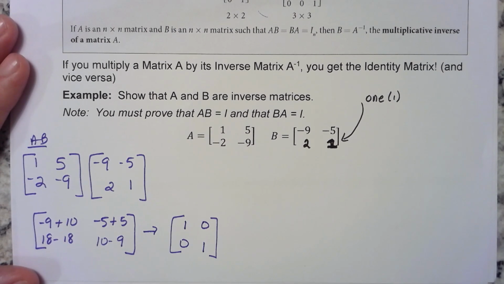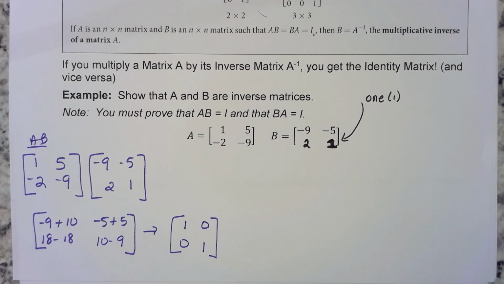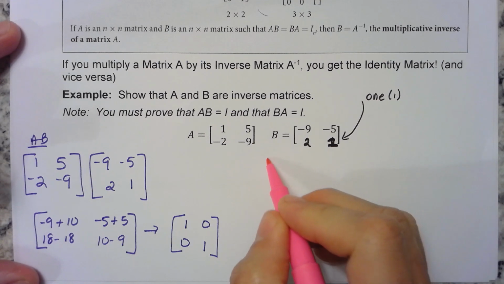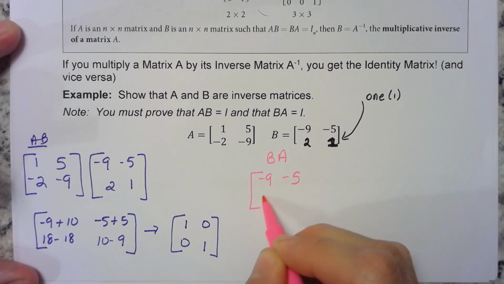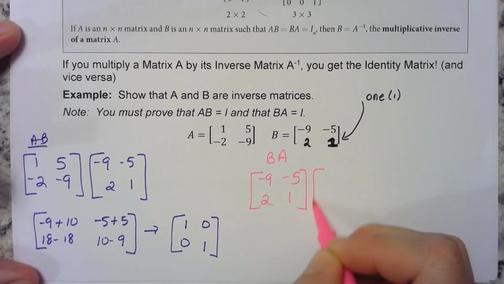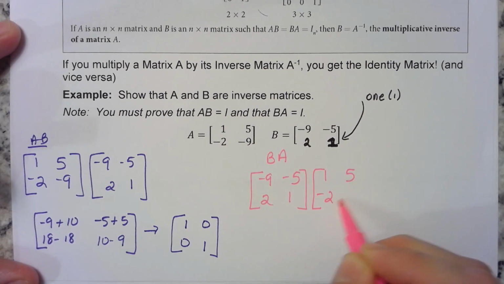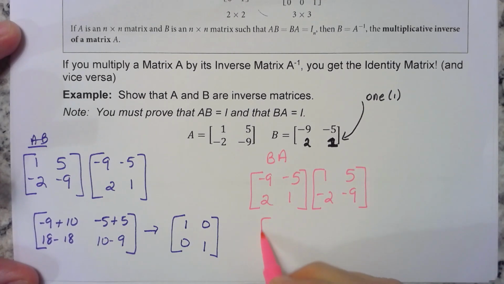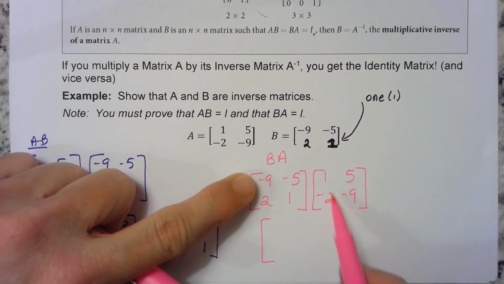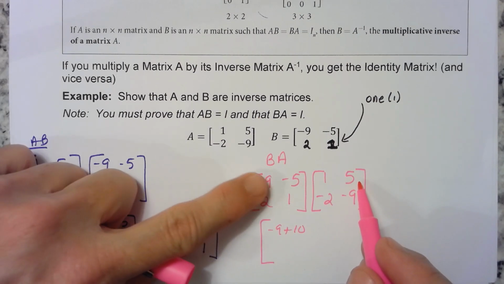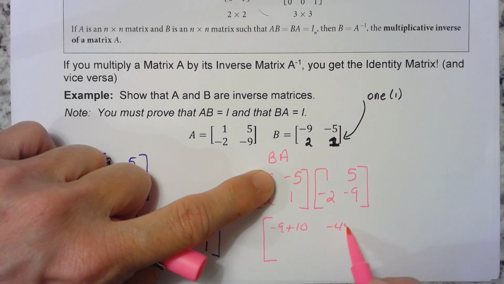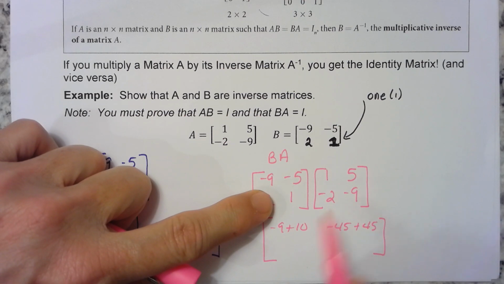But we do have to multiply them in the other direction just to make sure. So let's do B times A. So we're going to get negative 9 plus 10, negative 45 plus 45, 2 minus 2, and 10 minus 9.